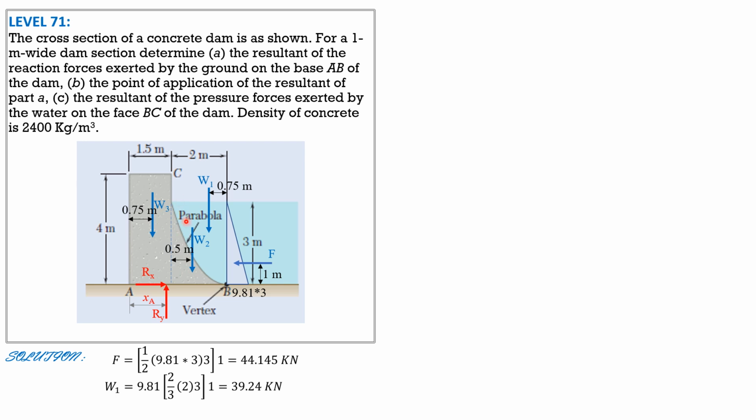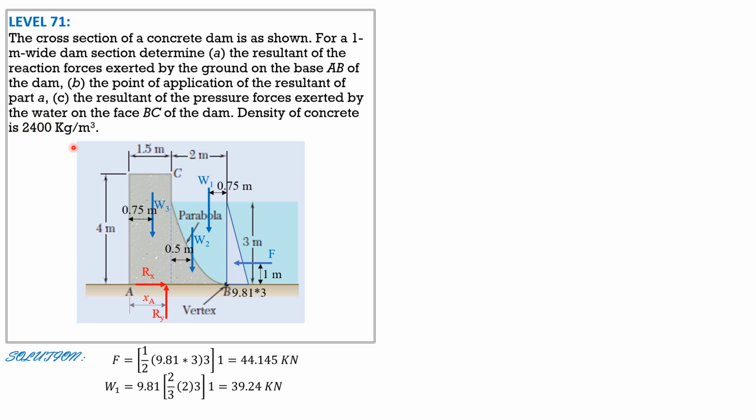Weight 2 is concrete, so the specific weight of concrete is the specific gravity of concrete times 9.81, the specific weight of water, times the volume of concrete, which is the area of the spandrel times 1. The area of the spandrel of a parabola is 1/3 base times height, so 1/3 of 2 times 3, then perpendicular to the board 1. The specific gravity of concrete is 2,400 divided by 1,000 kilograms per cubic meter, the density of water, so 2.4.